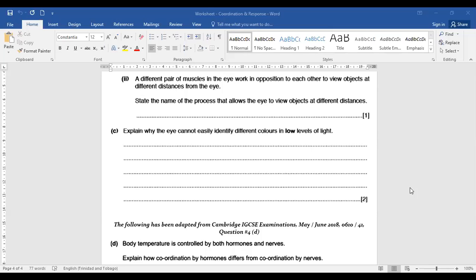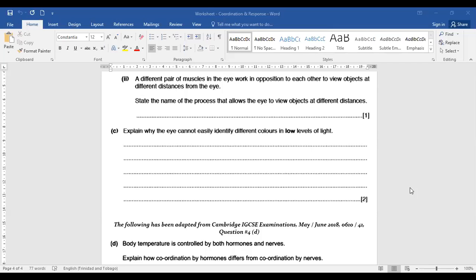All right. So your cone cells allow you to see in color, and your rod cells allow you to see in dim light. So the eye cannot easily identify colors in low levels of light because of how your rods process the images that are seen. Those become active in low levels of light, and they only process images in black or white, so you can't really easily identify colors.